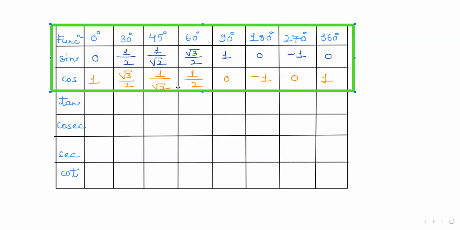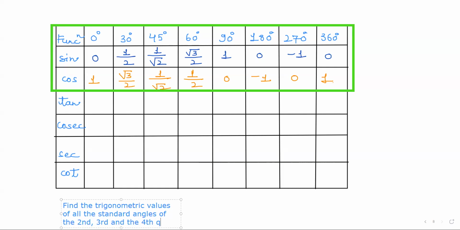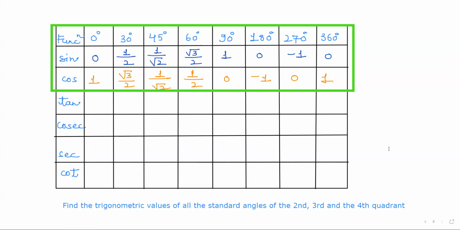And the homework for all of you is you have to fill this table. First homework. Second is find the trigonometric values of all the standard angles of the second, third, and the fourth quadrant.